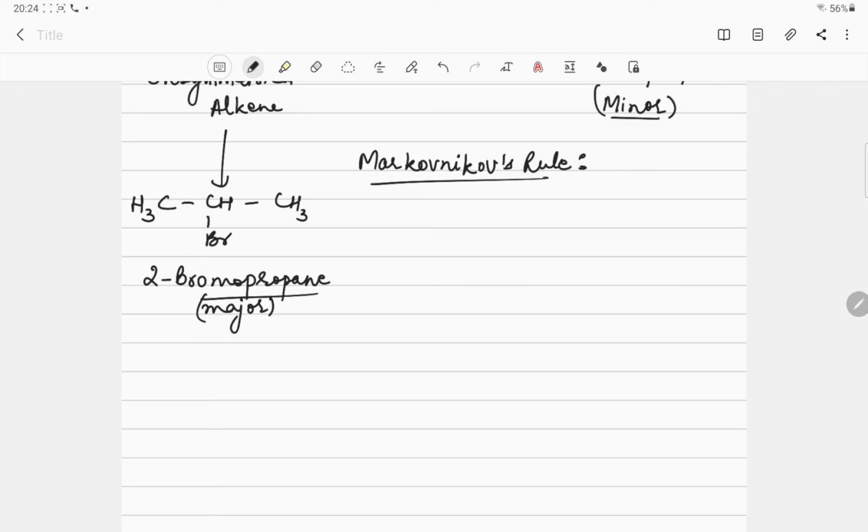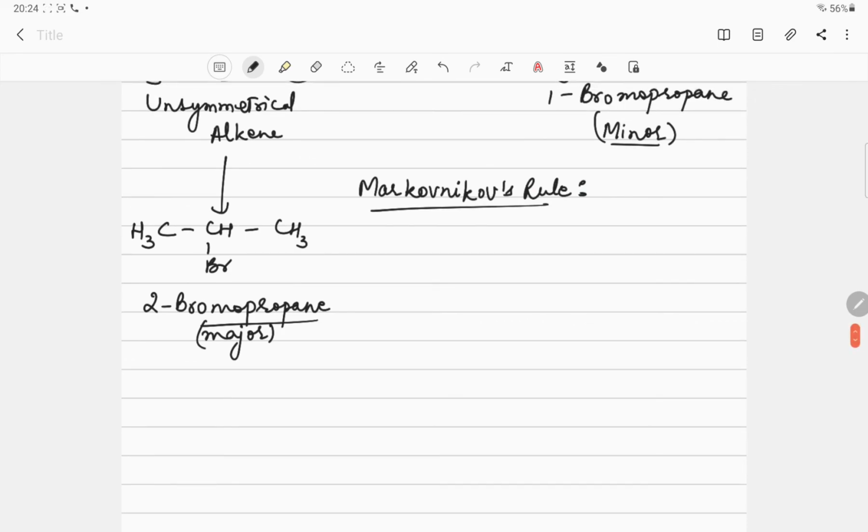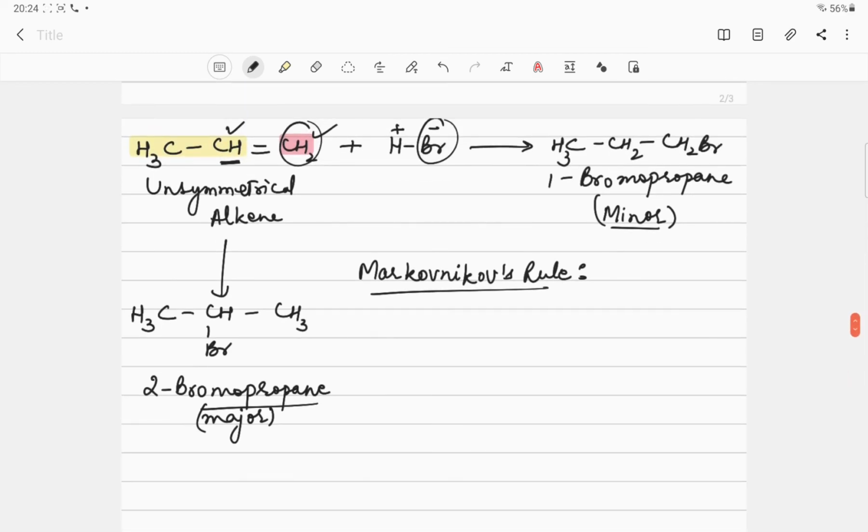What does Markovnikov's rule state? According to this rule, whenever the reaction takes place between an unsymmetrical reagent and an unsymmetrical alkene, the negative part of the addendum goes to that carbon of the double bond which carries the lesser number of hydrogens.